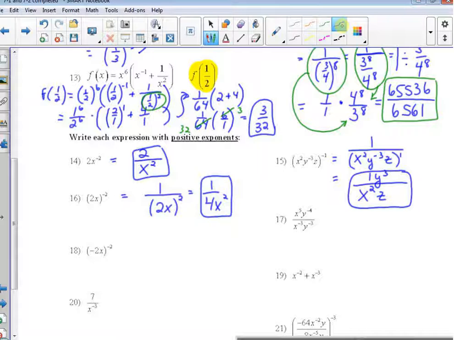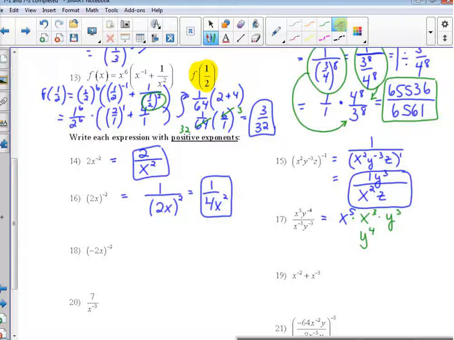On number 17, if it doesn't have a negative exponent, leave it alone. So x to the 5th stays. I think that's it. But bring up the x to the 3rd, bring down the y to the fourth, and bring up the y to the negative 3 as y to the third.